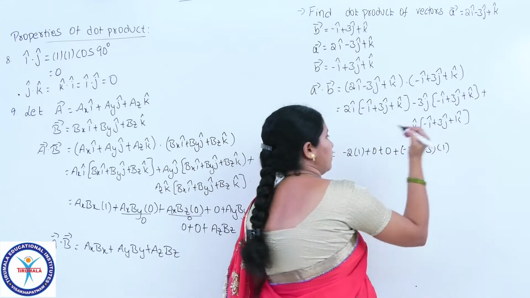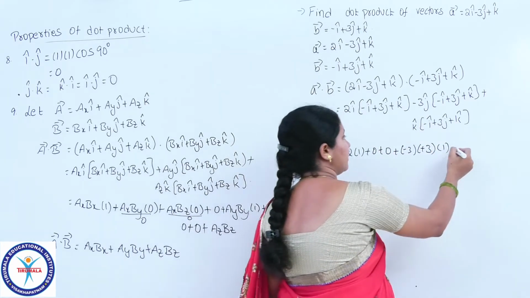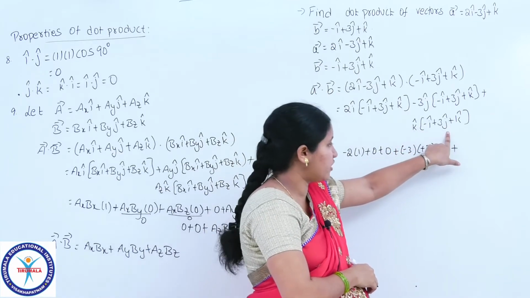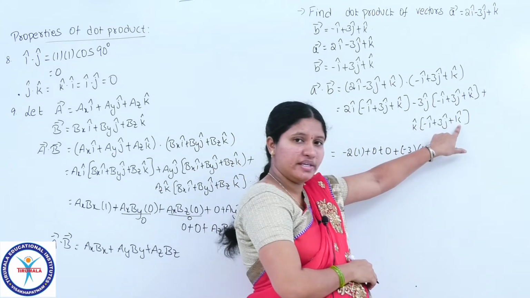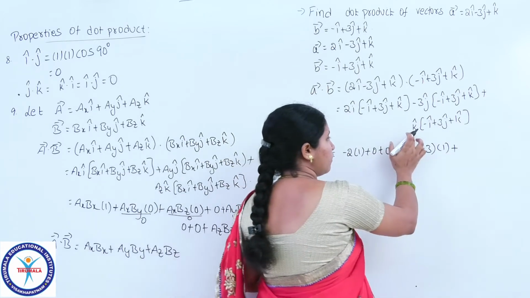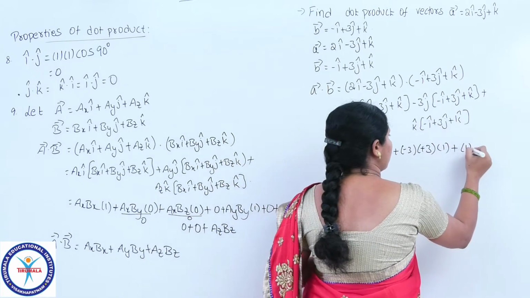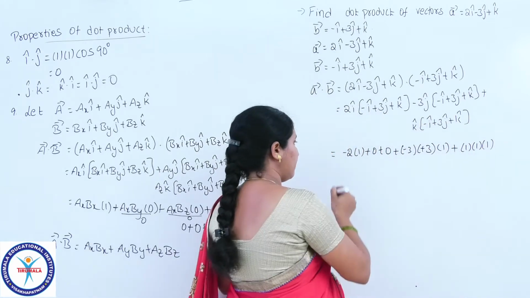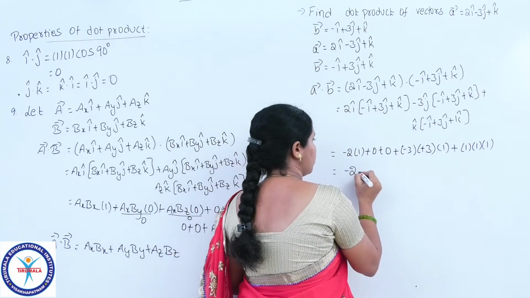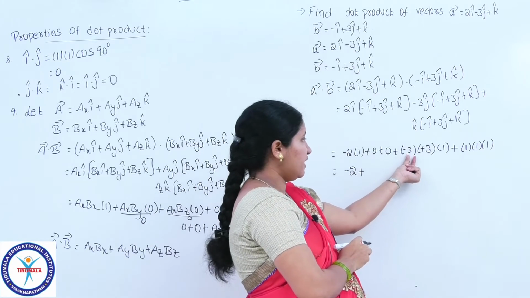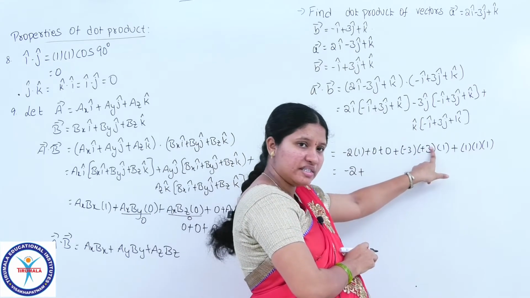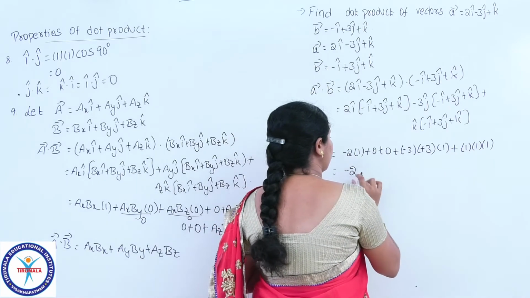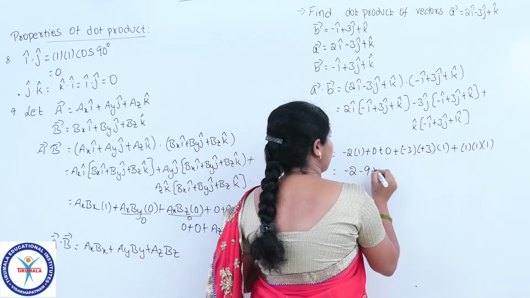Into 1, plus the third term is k dot i is 0, k dot j is 0 and k dot k is 1. So, multiply the coefficients, that is 1 into 1. On simplifying we get minus 2, minus 3 into plus 3, 3 into 3 is 9, plus into minus is minus, so minus 9 plus 1.